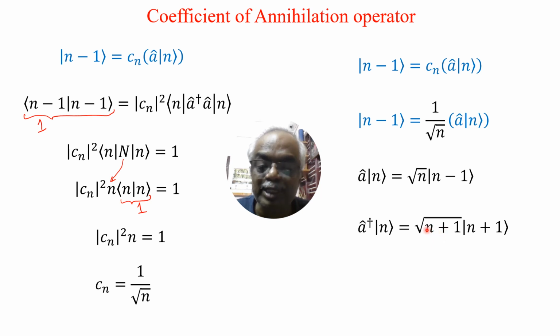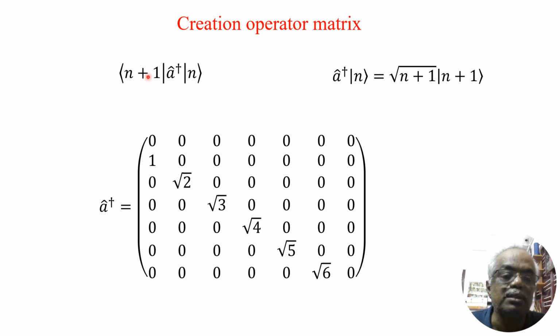Now we will go further. Now we will see a very interesting phenomenon, the creation operator matrix. So when bra n plus 1 acts on a dagger n, the creation operator takes the ket n to n plus 1. So the inner product will be 1 when the vectors are the same, but in all other cases it will be 0.